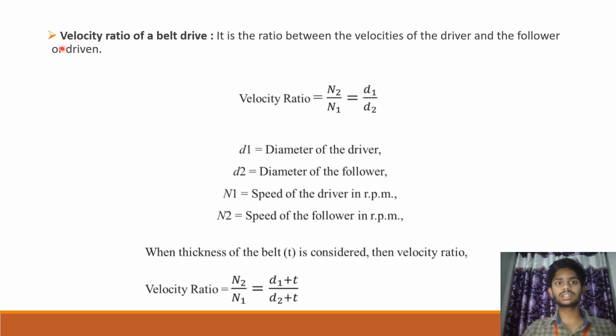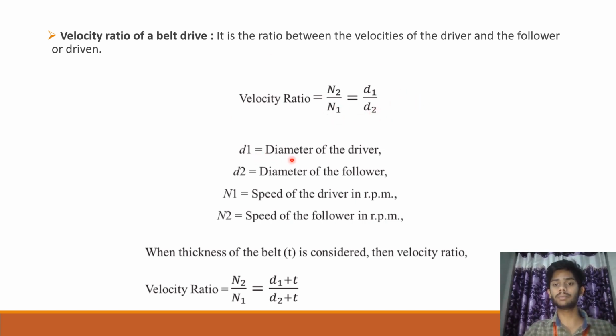Let's discuss the velocity ratio of a belt drive, and this is the last topic of our session. It is the ratio between the velocities of the driver and the follower or driven. So this is the velocity ratio: N2 by N1 is equal to D1 by D2. So what are these N1, N2, D1, D2?